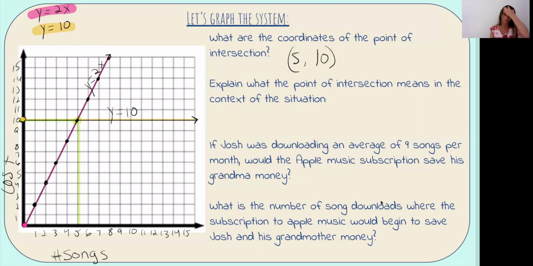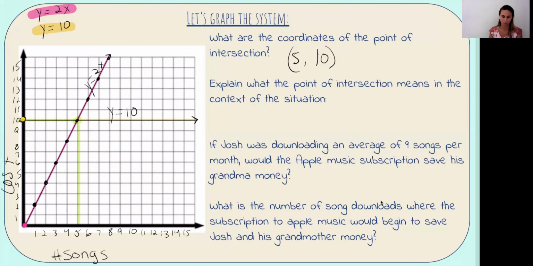Because the x value of the point of intersection is 5 and the y value is 10. These are the questions I love that my students don't love, because these are the kind of questions that really make math meaningful in life. So explain what the point of intersection means in the context of the problem.